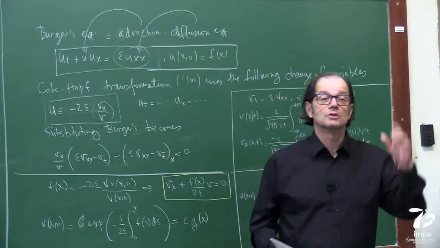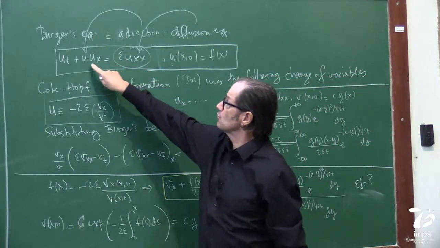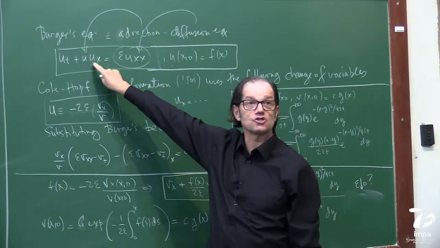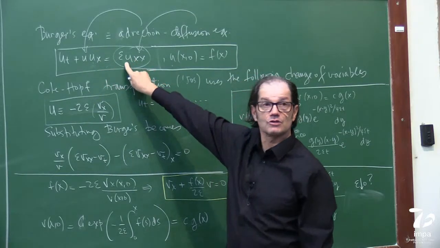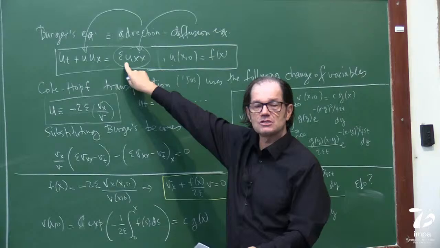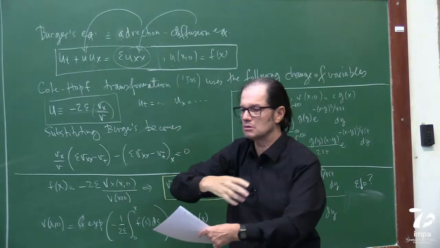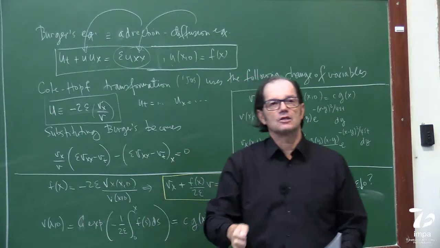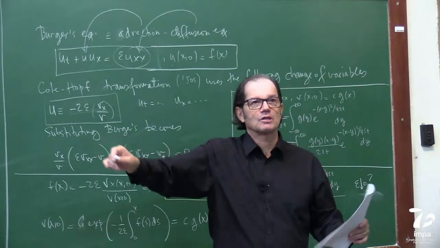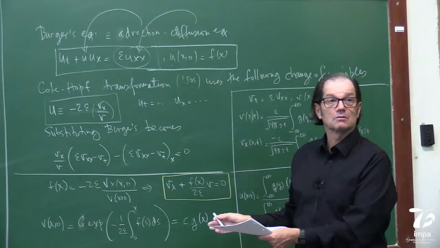Remember I mentioned to you that Burger's has a shock, and the diffusive regularization of Burger's is usually a classical regularization in the sense it converges in the strong form. Epsilon goes to 0, and you see the solution. And there's that case which I showed of the hyperbolic tangent, which is a special case. This is a more generic case, right?